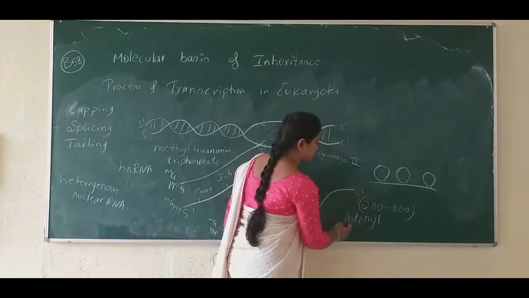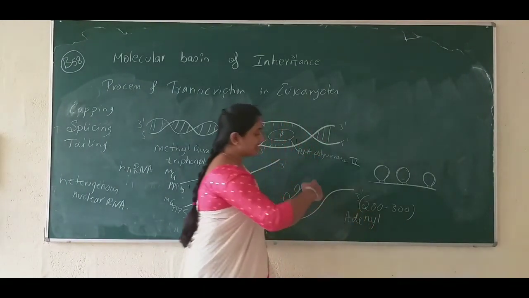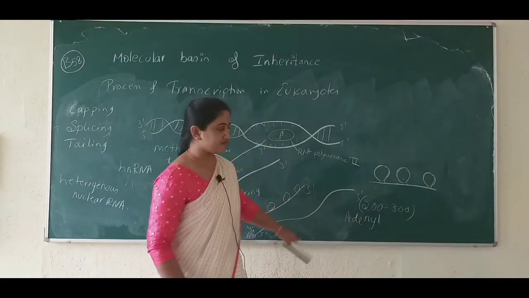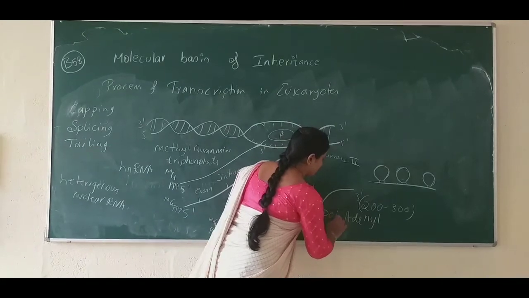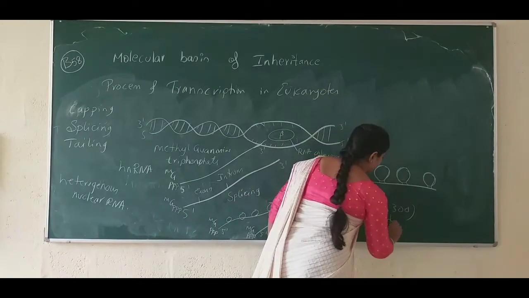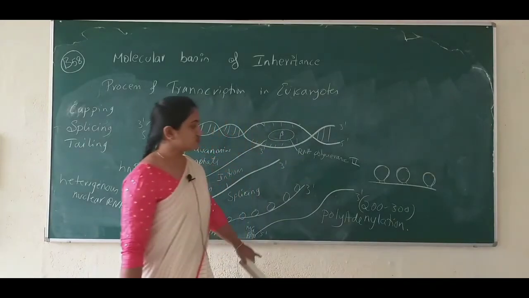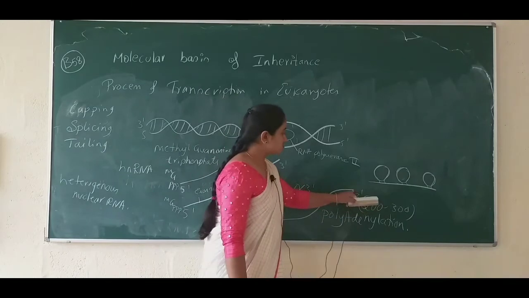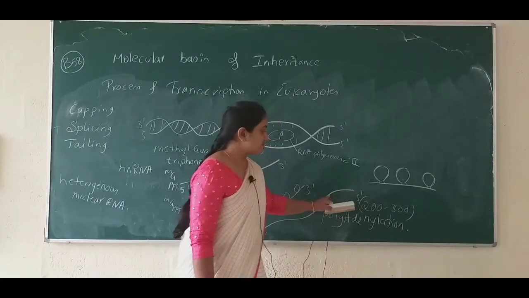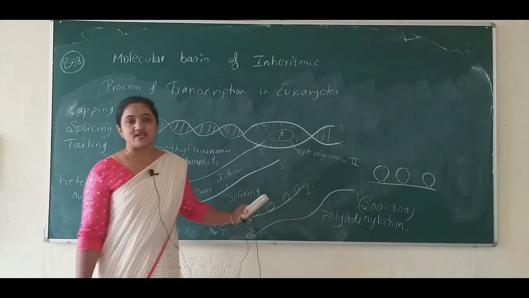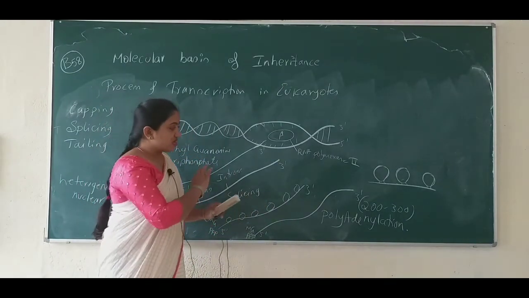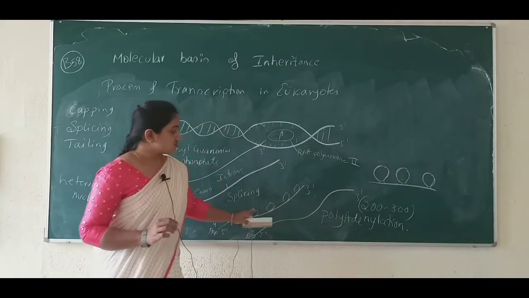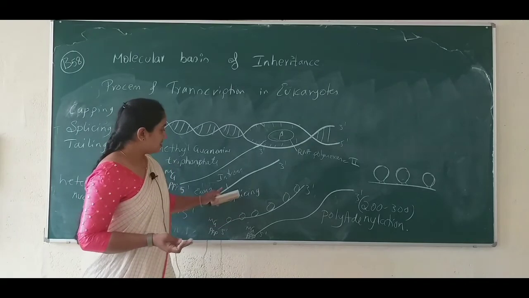So here a number of adenyl residues get added nearer to the 3'. That's why it is known as polyadenylation. Addition of a number of adenyl compounds at the 3' end of hnRNA. Now we can't call this hnRNA because the introns have been removed from the hnRNA.